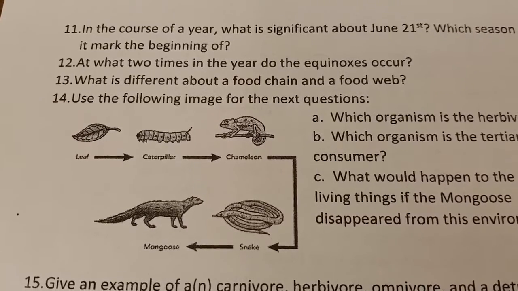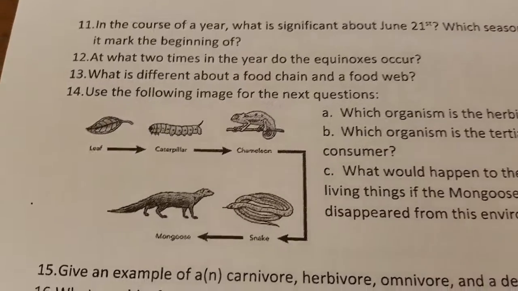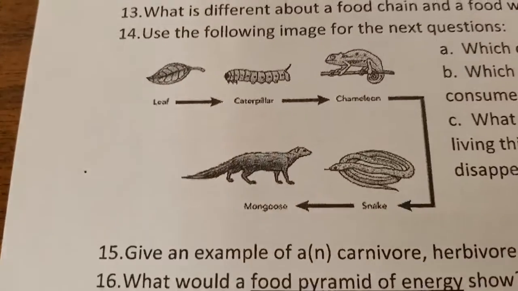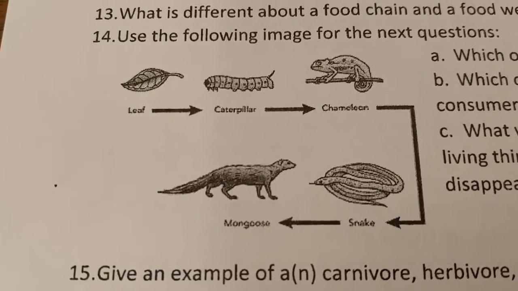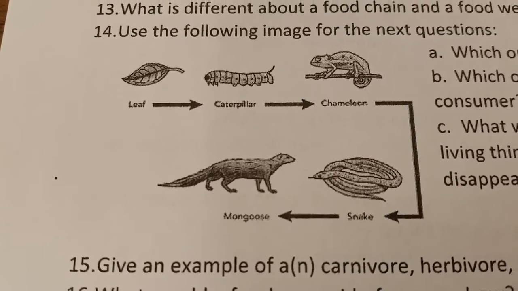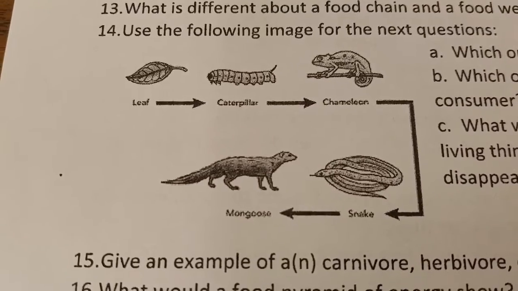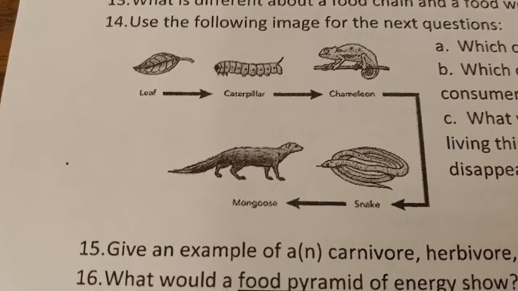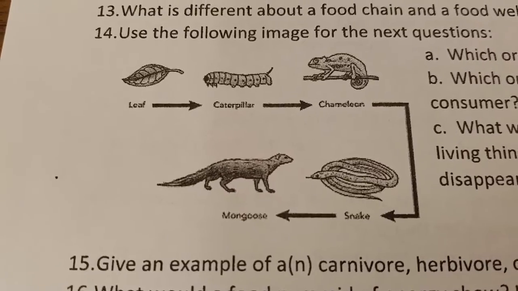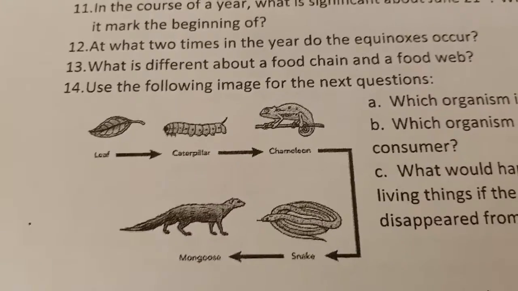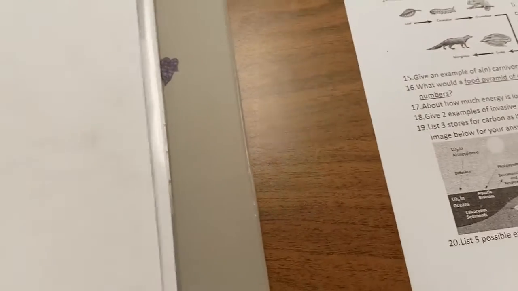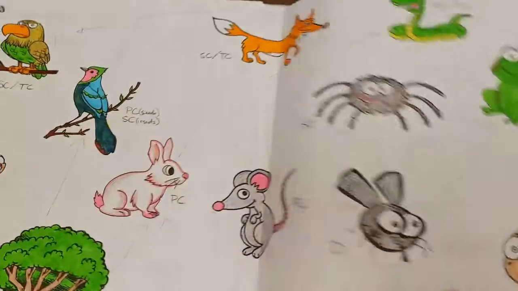What is different about a food chain and a food web? Well, a food chain, like this one, basically has only one route that shows the path of the eating relationships, and perhaps even you could talk about the energy as it goes along. But a food web is a bit more elaborate. It shows several different eating relationships.